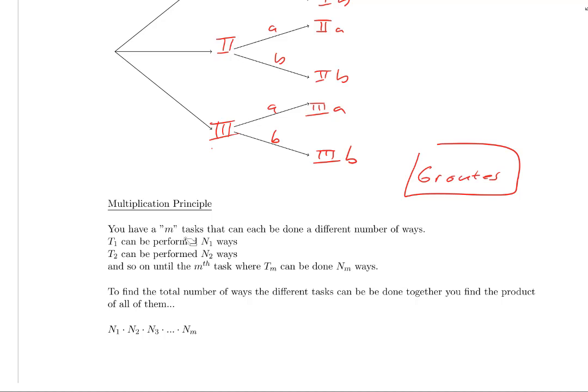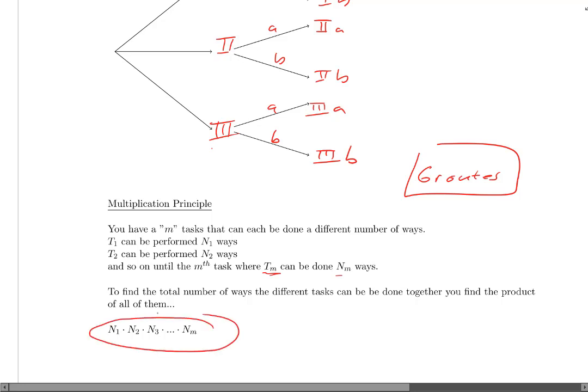N1 is just the number of ways for task 1, N2 is the number of ways for task 2, and so on and so forth until you get to your final task M, which can be done in NM ways. So how can you figure out the number of different ways a task can be done?